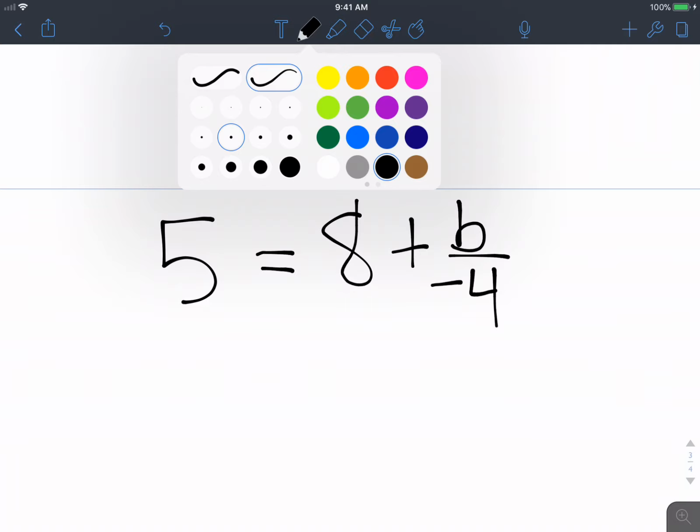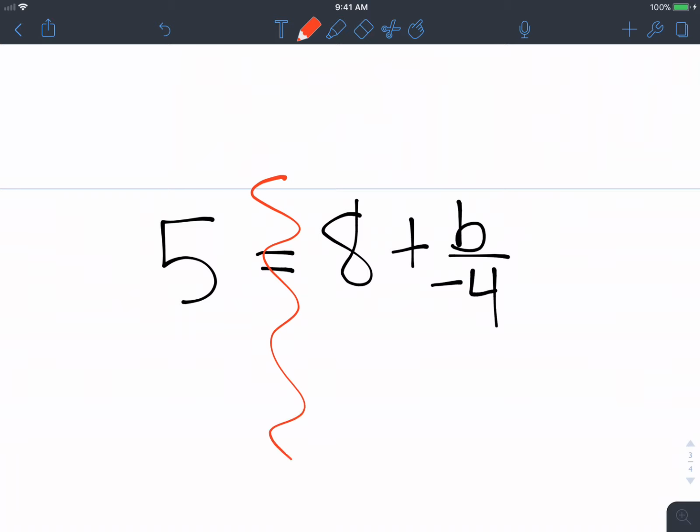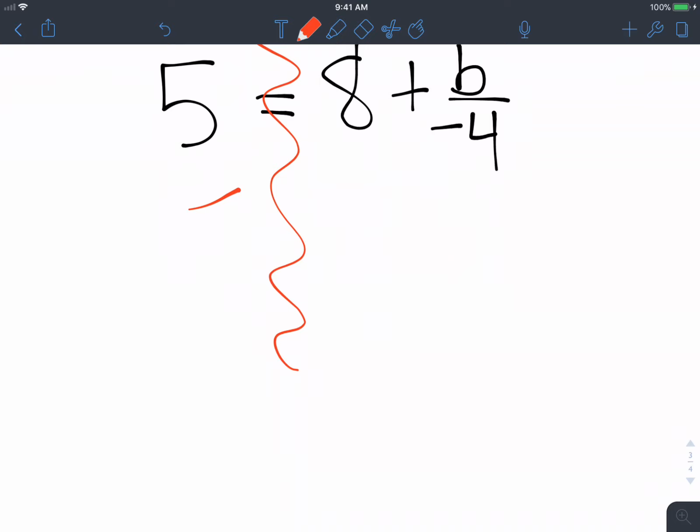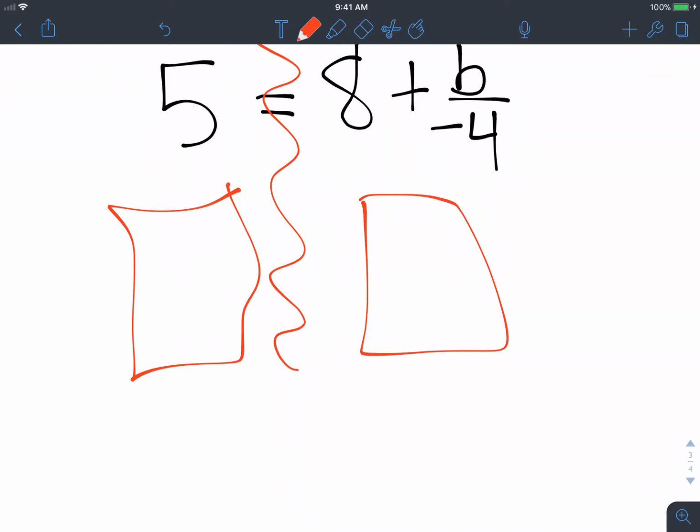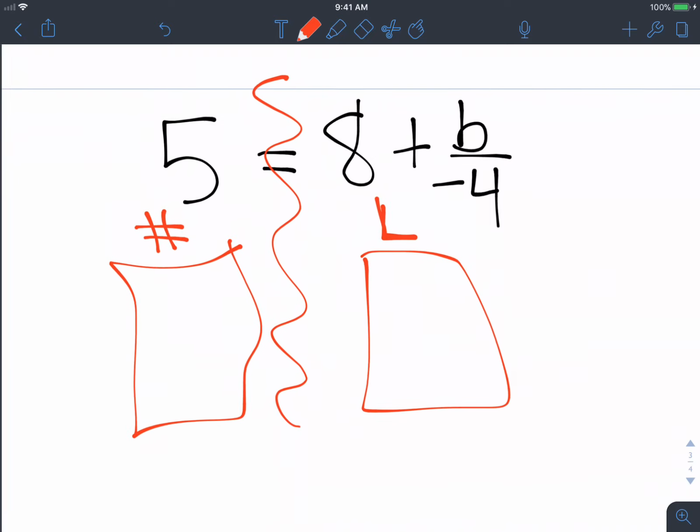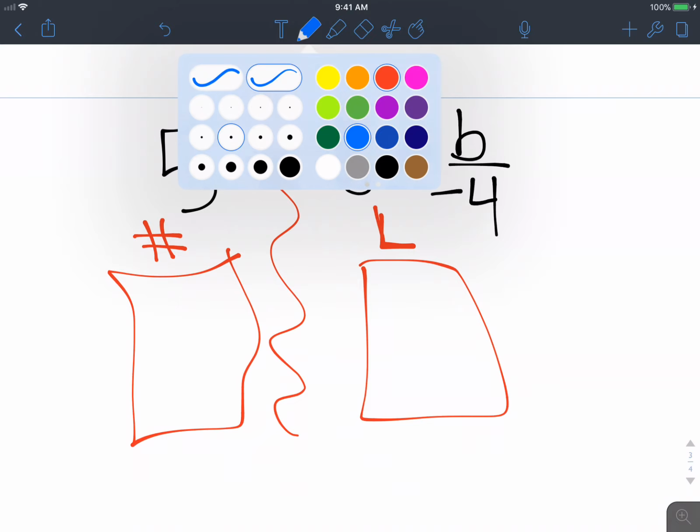I'm still going to go ahead and draw my fence. I am going to put my letter box and my number box in. Now this time, since my letters are all on the right side, I'm going to put my letters over here, and that means my other box has to be my number box. And then it's just going to work the same way as what we've been doing.